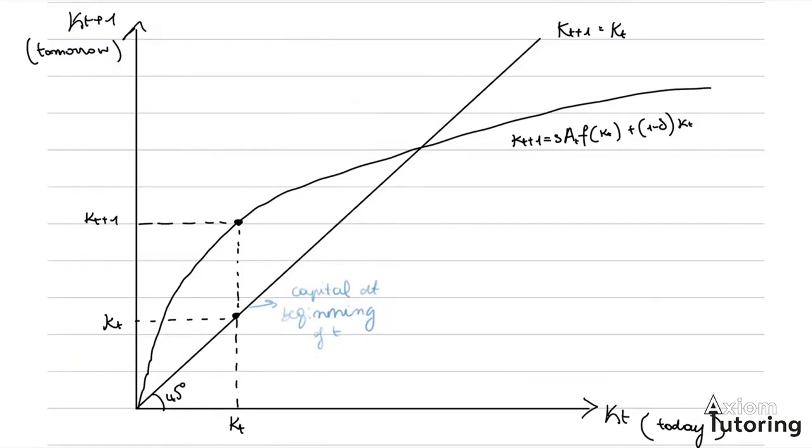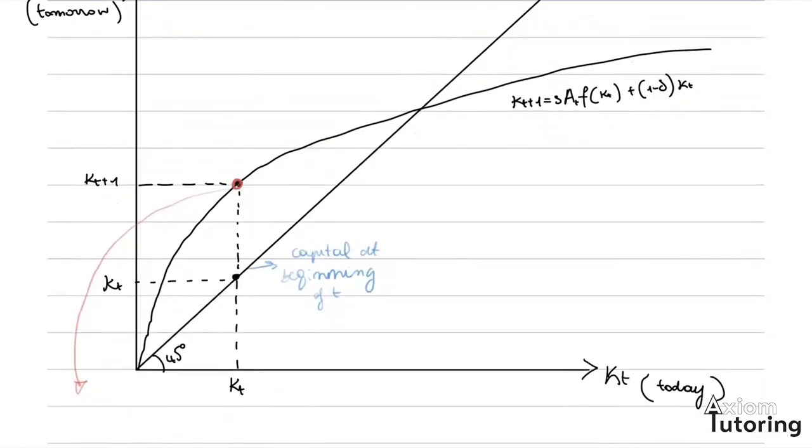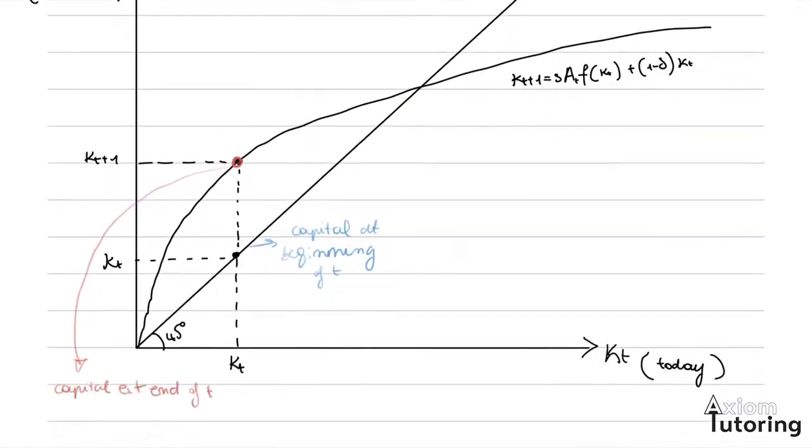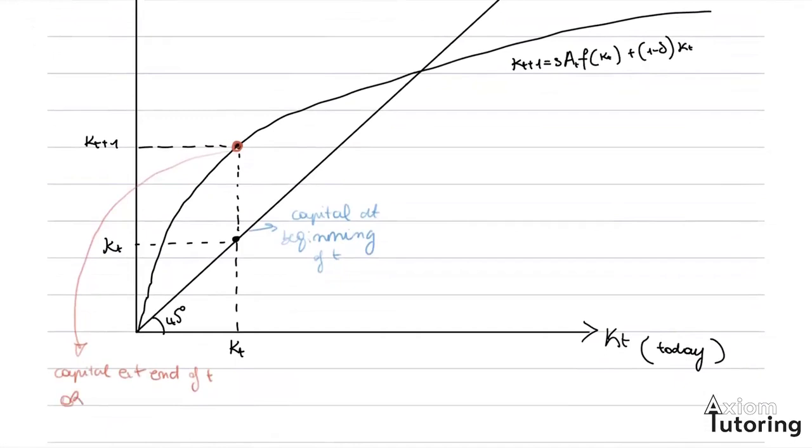So this point here that we just found represents the capital at the end of t, or at the beginning of t plus 1.